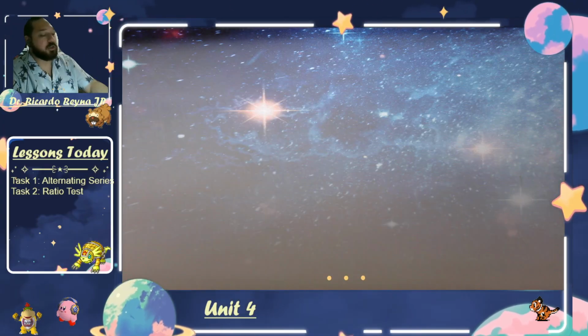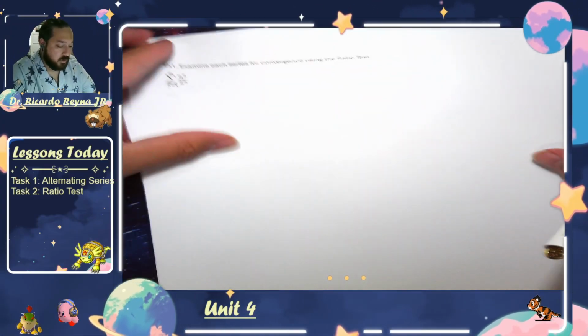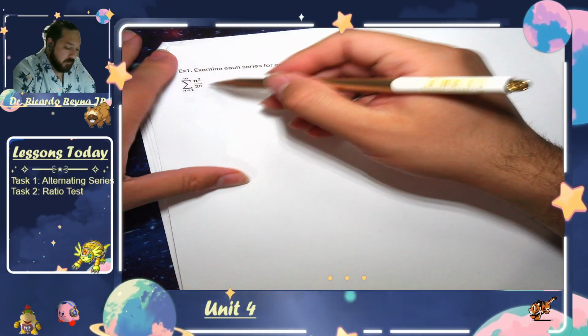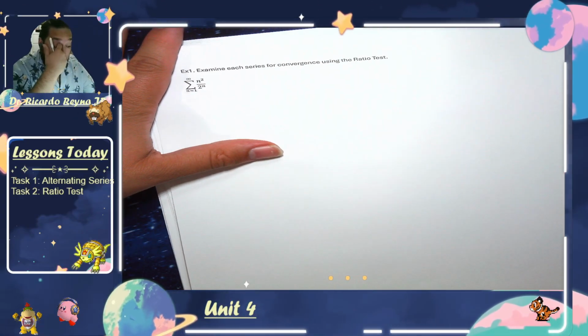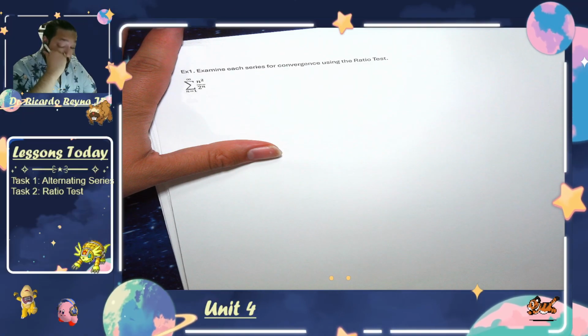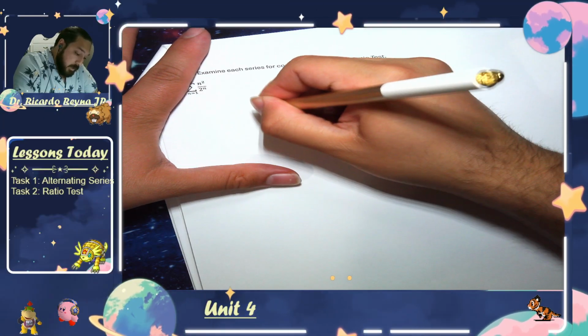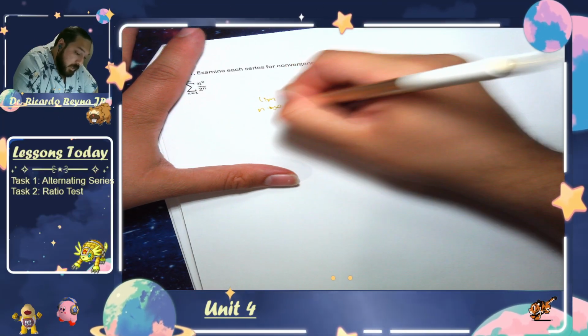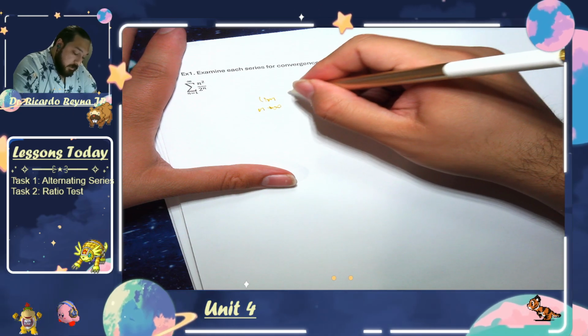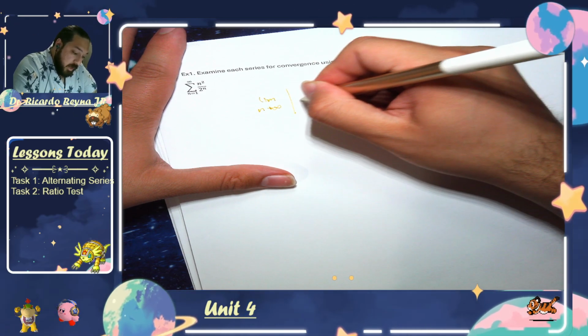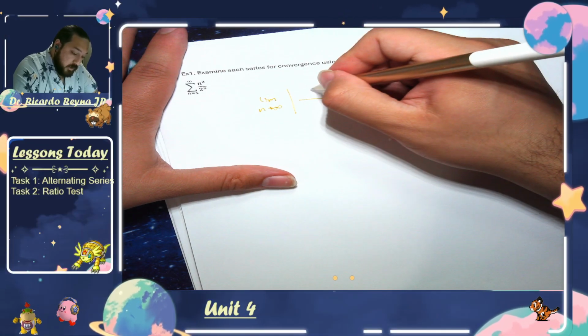So it says examine each of the series for convergence using the ratio test. So we have this set up here. I'm going to go ahead and just set it up. Limit as n goes to infinity of the absolute value of the n plus 1 version of this.